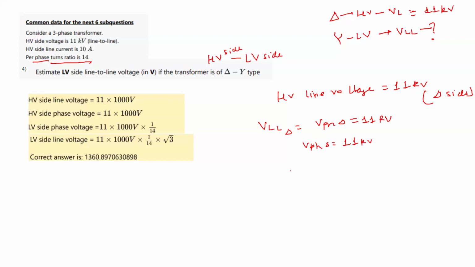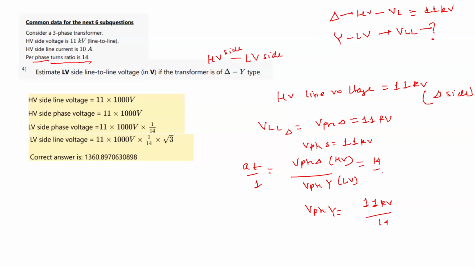Now what is this ratio? This ratio is V phase delta, which is HV here, divided by V phase star, which is LV. It comes out to be 14 by 1. So V phase star is 11 kV by 14.